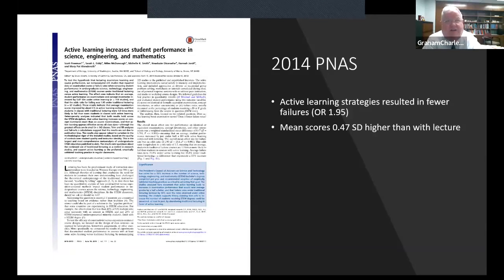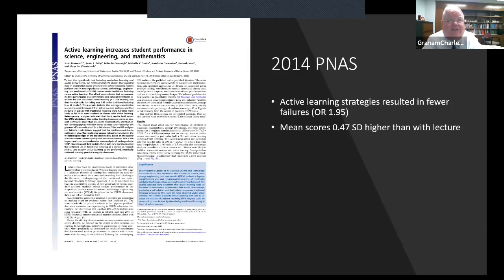There is actually now overwhelming evidence. As I said, I became captivated by this idea a few years ago as I was responsible for our medical student curriculum and for getting our students across licensure exams and board exams and so forth.